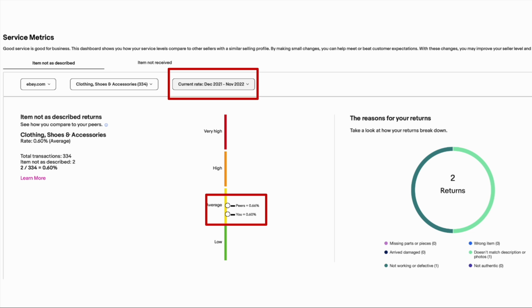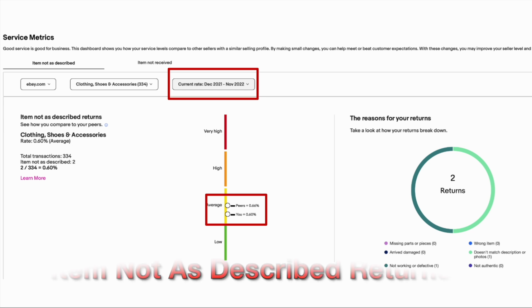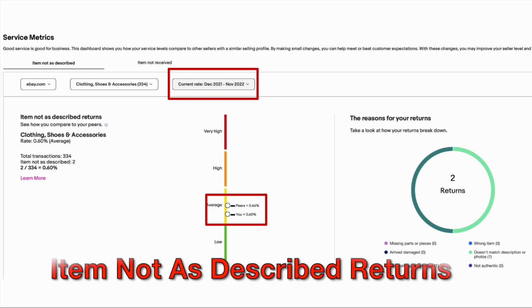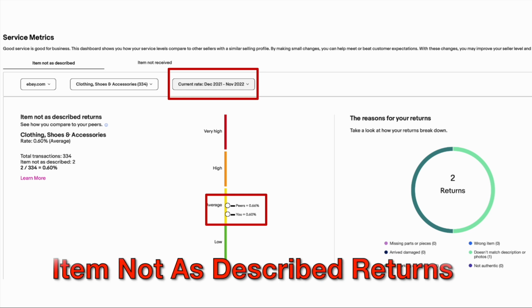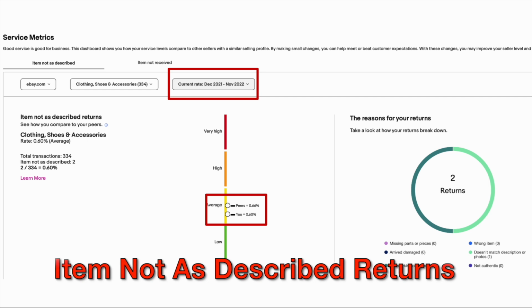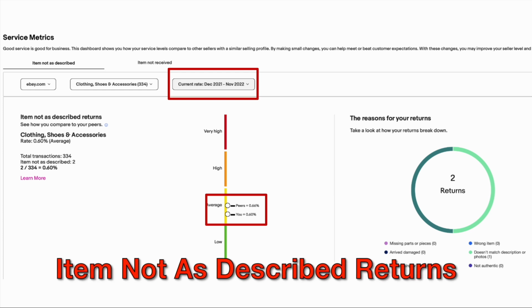I had 2 returns over a 12-month period, which I think is more than acceptable when you're talking about clothing, shoes, and accessories. I sold 334 items over that 12-month period, and my return rate is 0.6%. So I am still below the average, below my peers, so I'm really happy with that.